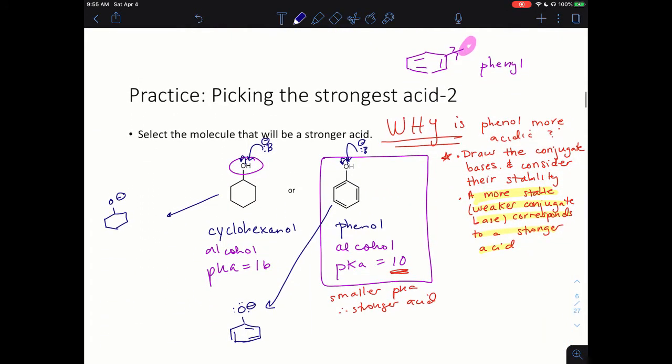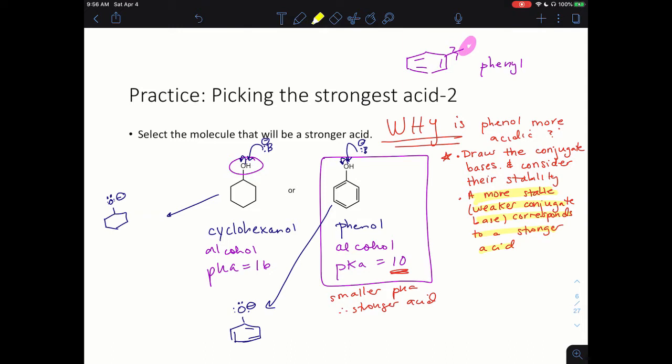Okay, so you should get something like this, where the lone pair, if you want, from the OH bond, is now on oxygen. It already had two implied lone pairs. And now you want to ask yourself, what is the difference between these two molecules? How can we evaluate which conjugate base is more stable?